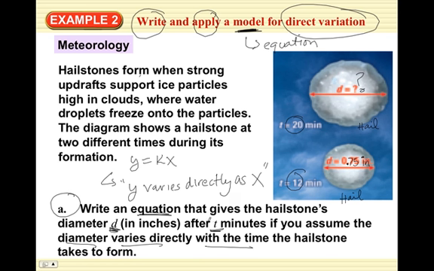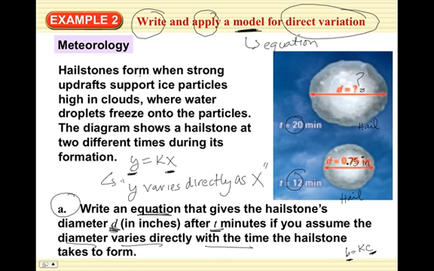If I had something else like B equals KC, this is direct variation because it looks like Y equals KX. But I would say B varies directly as C. Kind of like I just interchanged Y and X. Y varies directly as X changes. B varies directly as C changes.